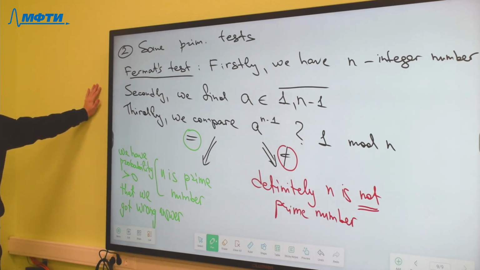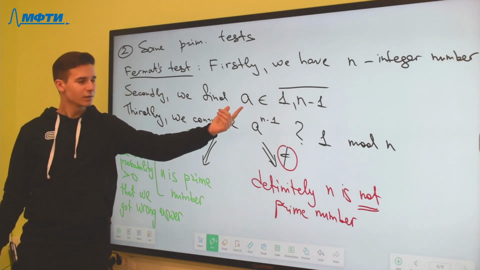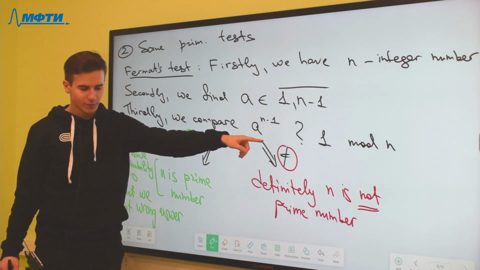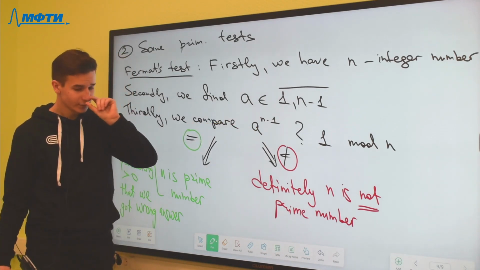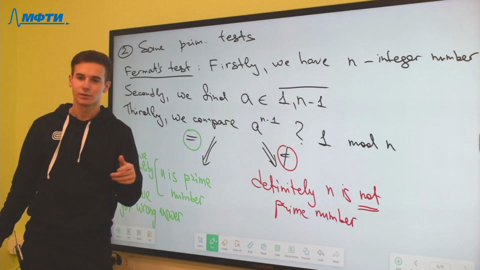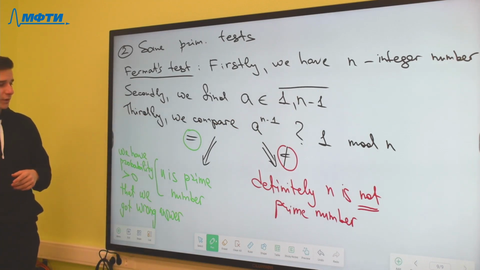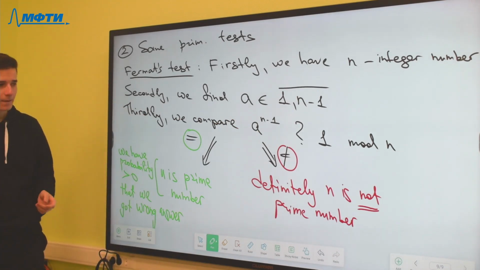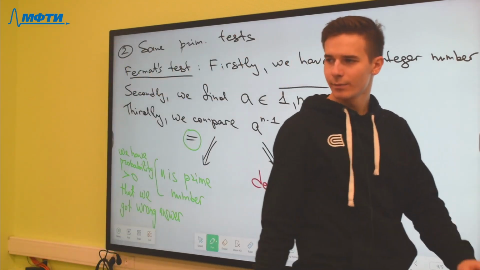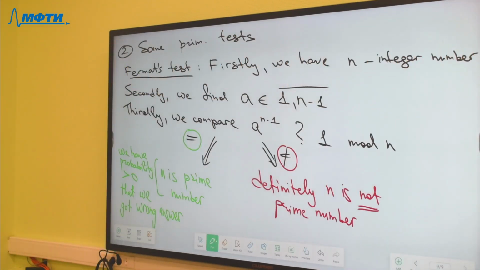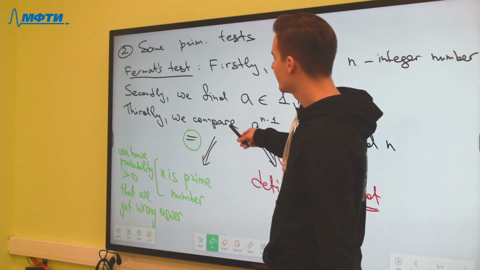Because there are some composite integer numbers for which we find an a such that a to the power n minus 1 will be equal to 1, but n wouldn't be a prime number. Do you need an example of it? Maybe a number is not prime, but we say as a result that it is a prime number.